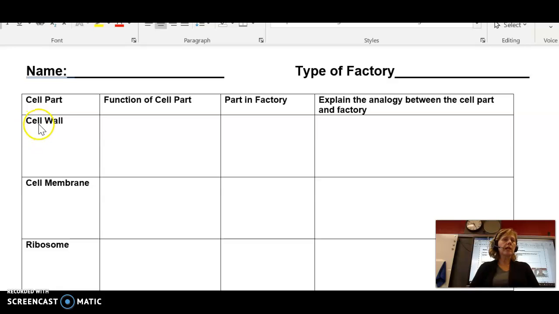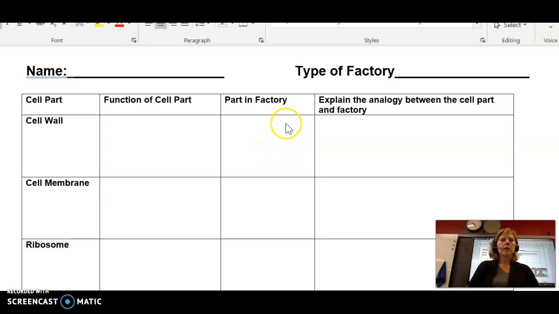All right, so first of all, I want to say cell wall, the function in the plant, is to provide structure and support to the plant cell. So I want to write that definition in here. And maybe I'll just use the example of, let's say that I am making an analogy to my house. So my factory is my house, and I don't want you to do your house because again, there's not enough stuff there to do it well.